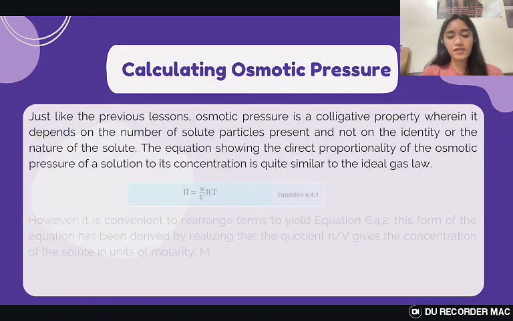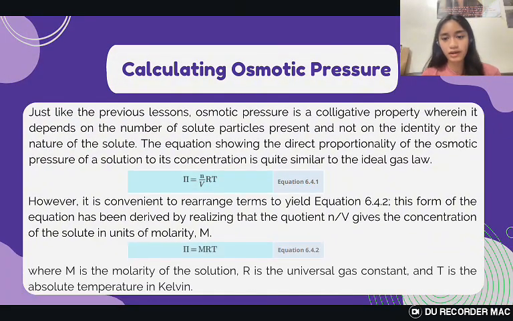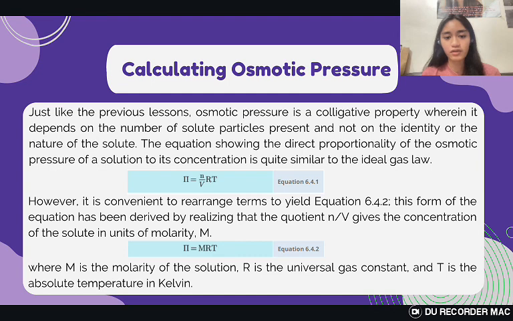Just like the previous lessons, osmotic pressure is a colligative property, wherein it depends on the number of solute particles present and not on the identity or the nature of the solute. The equation showing the direct proportionality of the osmotic pressure of a solution to its concentration is quite similar to the ideal gas law, as shown in equation 6.4.1.